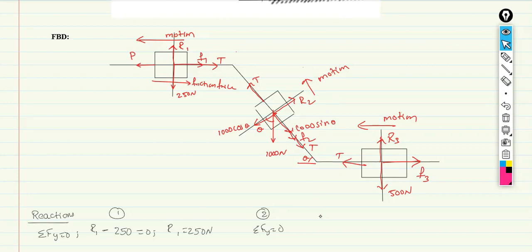The upward force is R2 minus the downward force 1000 cos 53.13 equal to 0. So you will get R2, not R3. R2 you will get 600 newtons, because cos 53.13 is 0.6, so automatically you will get 600 newtons.